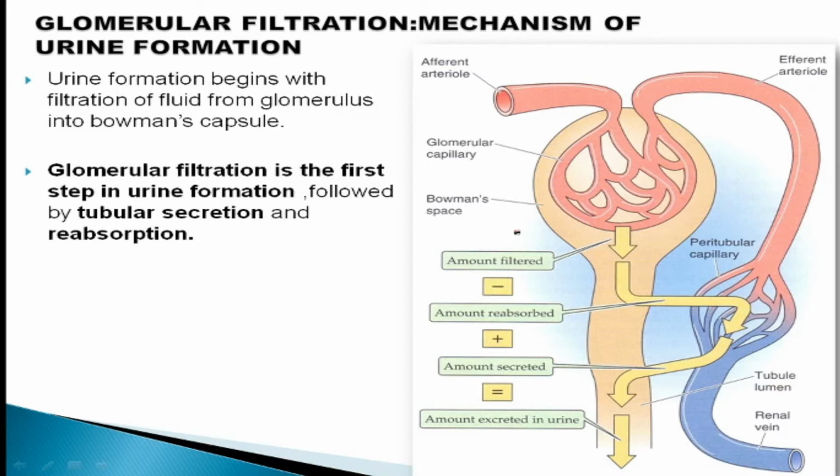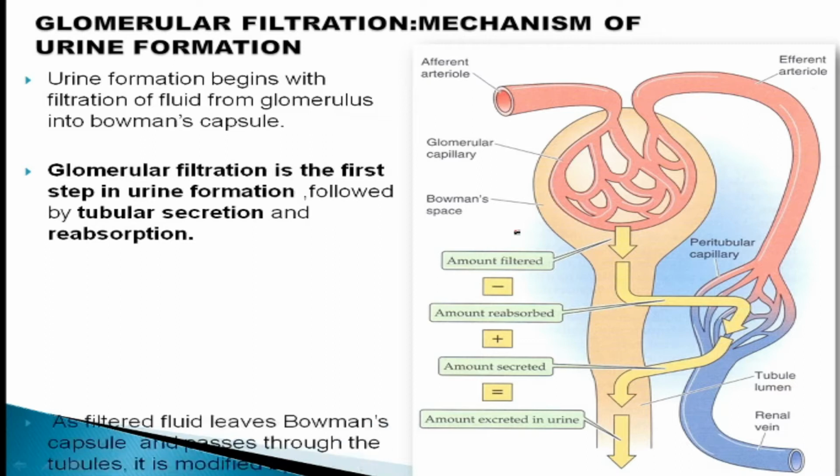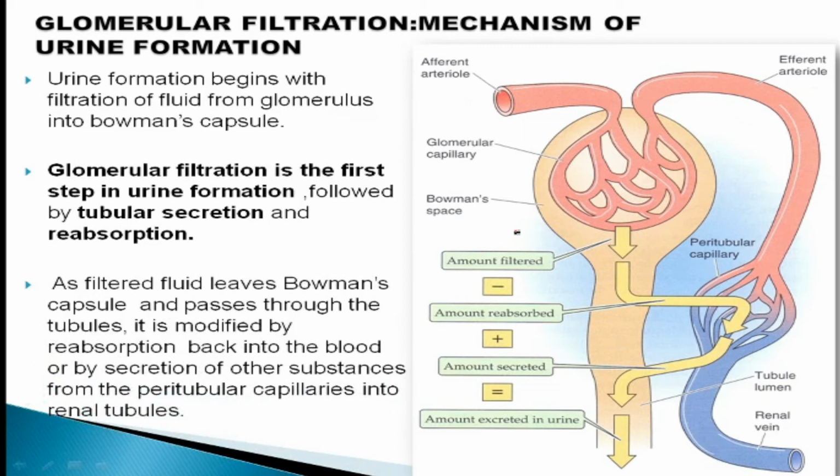Glomerular filtration is the first step in urine formation, and as the fluid leaves the Bowman space and passes through the tubules, it is modified through the other two processes to finally form the urine. So the amount which is filtered will appear here, followed by the amount reabsorbed, which will be reabsorbed back, and finally the substance which is secreted will appear in the tubular lumen and be excreted out in the urine.